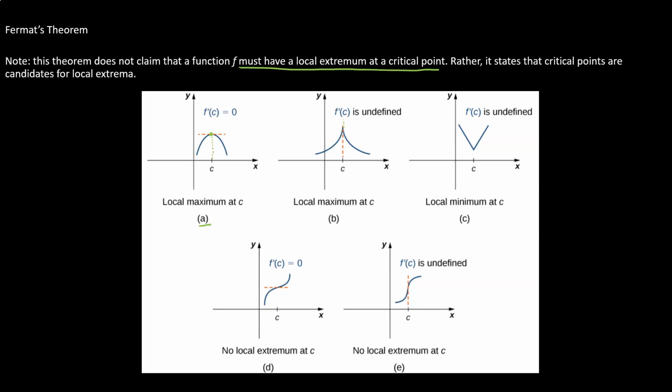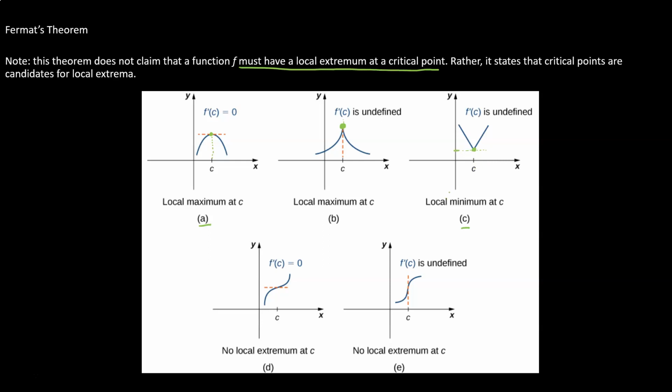And looking at this graph, we can see that there is a maximum right at the top of that corner, a local max. Moving on to graph C, we can see that we have another corner right here above c. The derivative is undefined, so we can't even graph the tangent line here because it doesn't exist, but we can see that there is a minimum value that occurs at that corner.